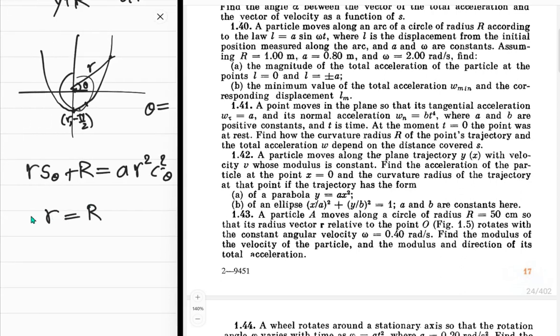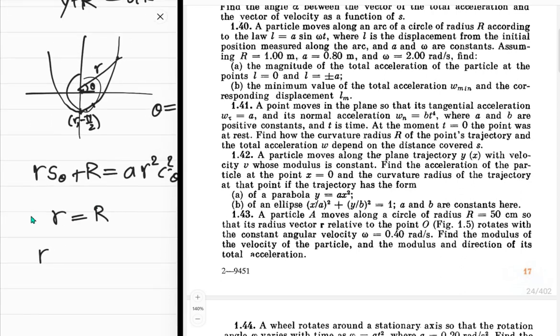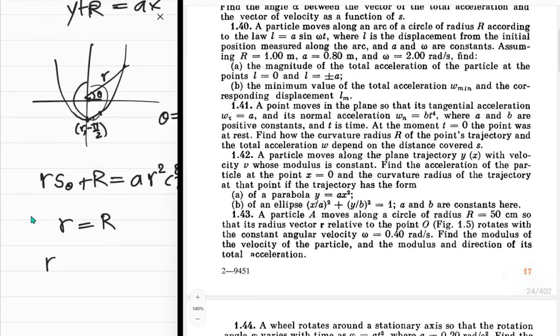When you put that in here, you will just have r. As alpha approaches 0, at that particular moment your curve should just become small r is equal to capital R. Exactly.